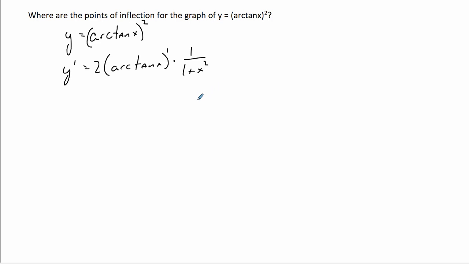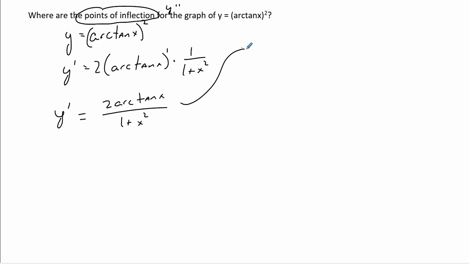But remember, points of inflection involve the double derivative, y double prime. So I'm going to rewrite this as 2 times arctangent of x over 1 plus x squared. Now I've got to find y double prime. This is the quotient rule: low d high minus high d low, over low squared.